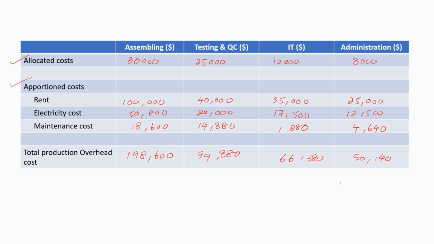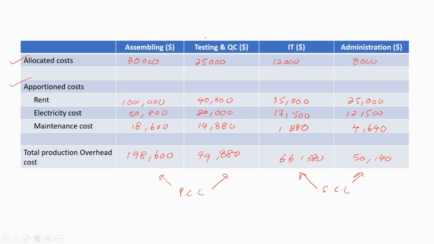So these are the total production overhead costs for each cost center. Remember that these two cost centers are service cost centers and these two cost centers are production cost centers.